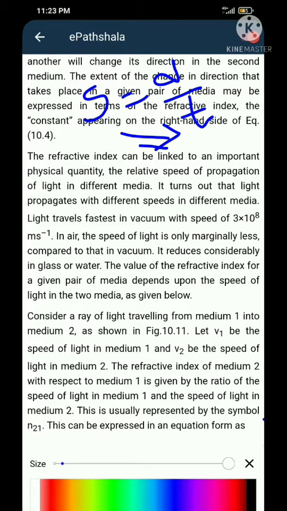So the ratio also shows the physical quantity speed. We know that light travels fastest in vacuum, with speed 3 into 10 power 8 meters per second. Because we are dealing with the problem of light, we take the speed of light and how it behaves in different media like air, glass, diamond, whatever.